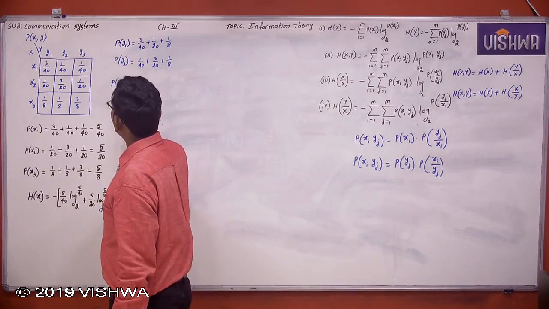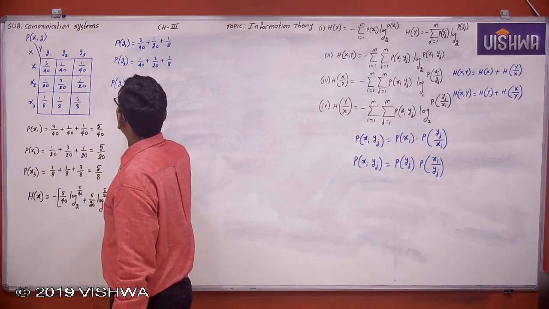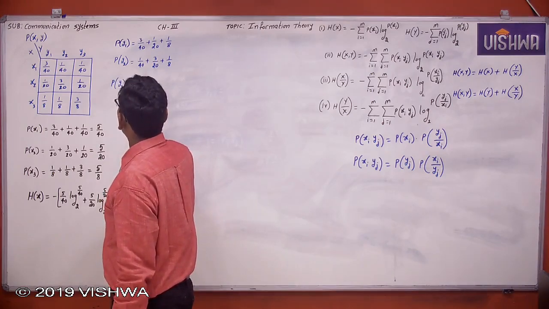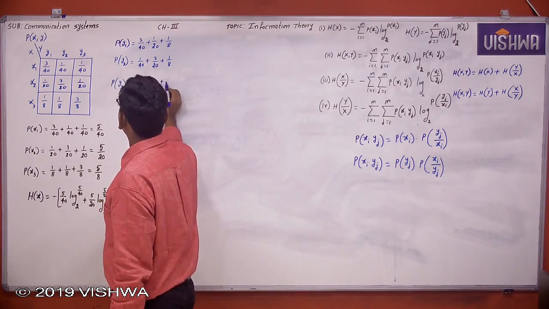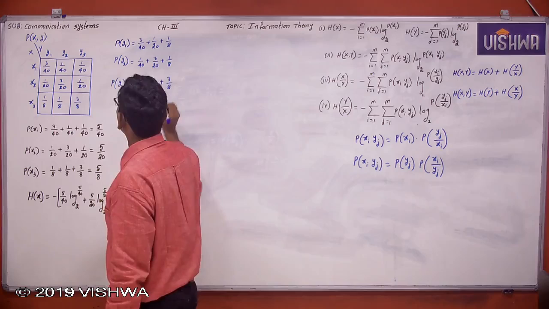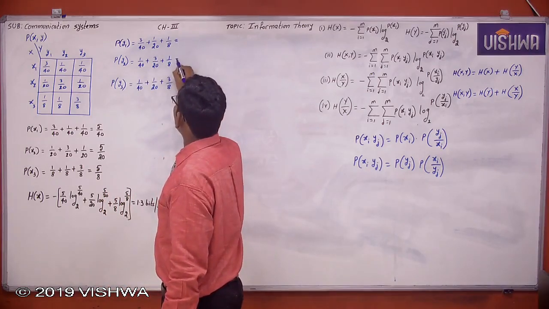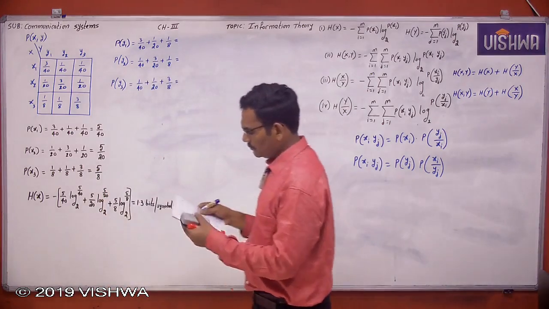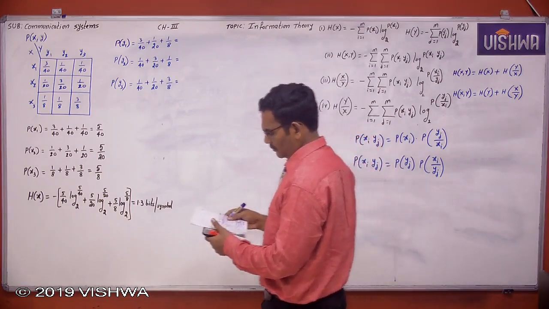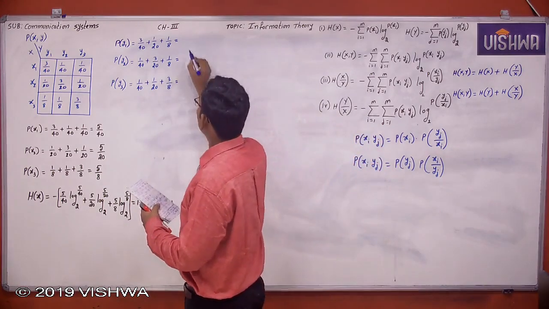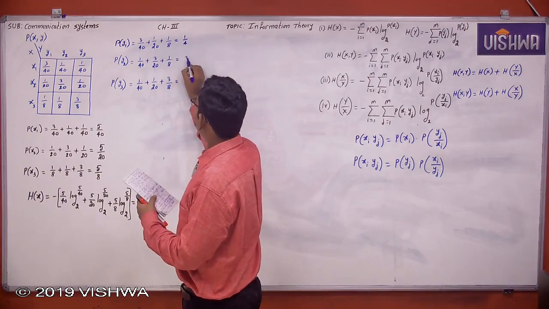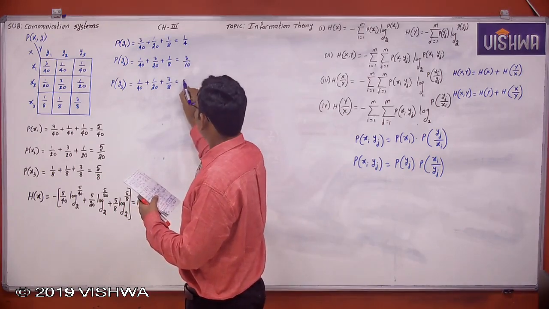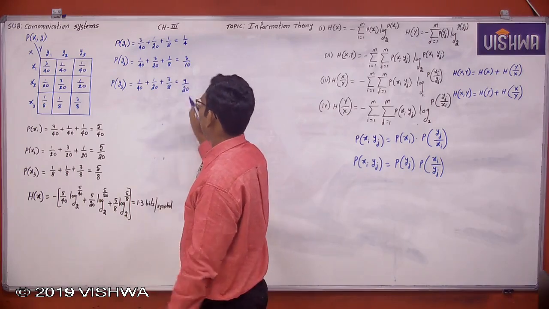P of y3 is equal to 1 by 40 plus 1 by 20 plus 3 by 8. Which is nothing but 1 by 4, 3 by 10, 9 by 20.